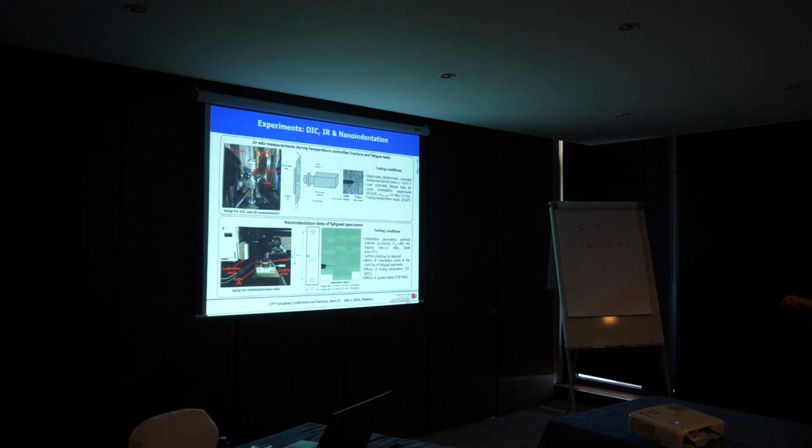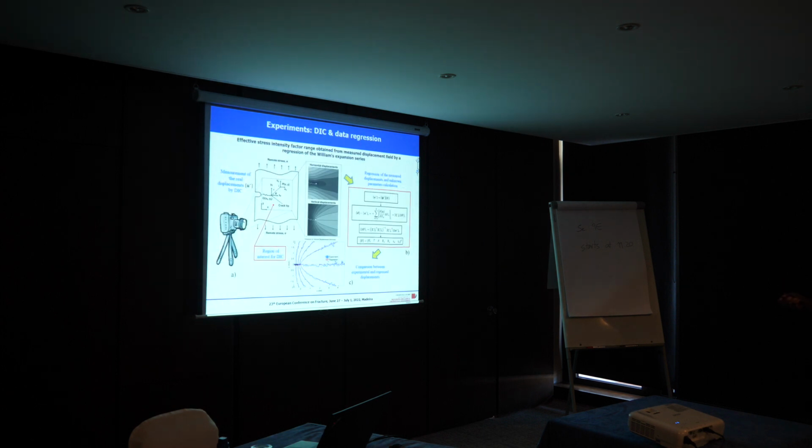But we have also developed a very special method based on instrumented nanoindentation that is able to capture very localized transformation phenomena, as you can see here in the crack tip region.